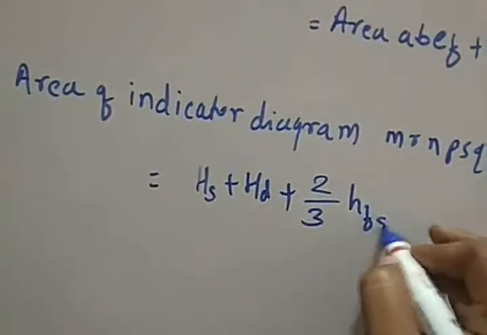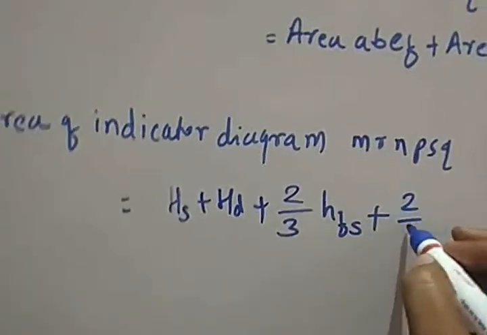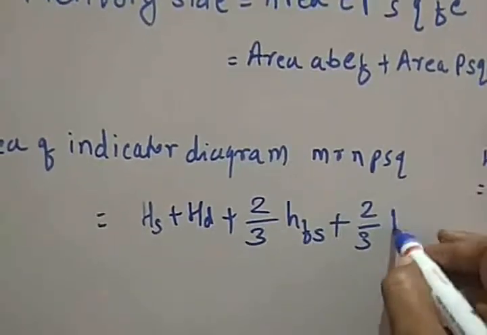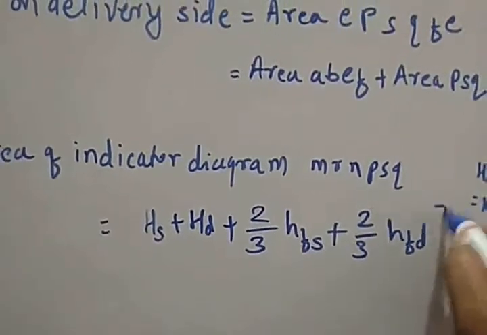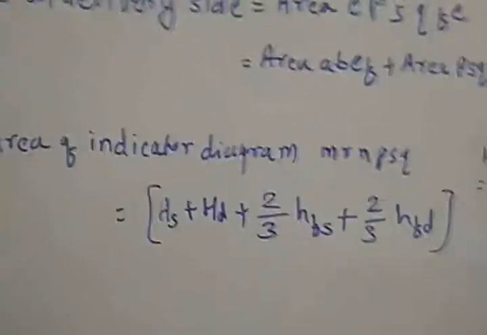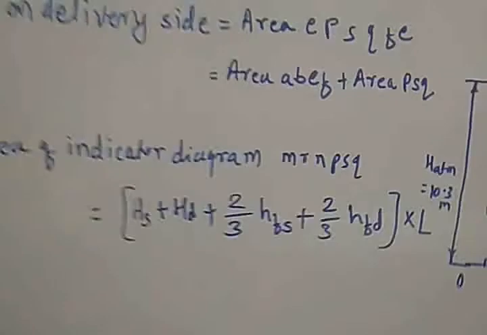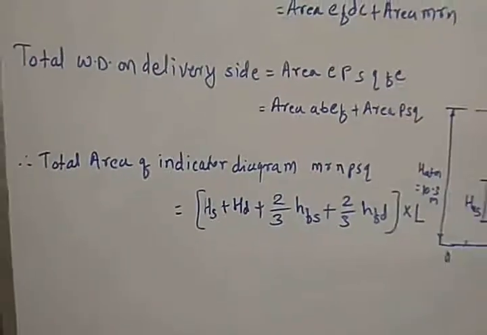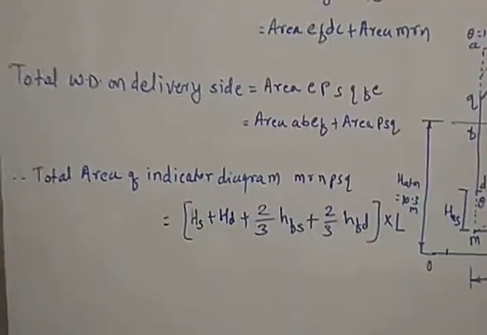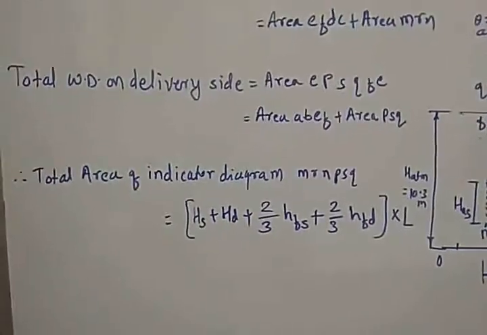So 2/3 of HFS, and similarly 2/3 of HFD. This is the total height, into the stroke length L. This will give me the total area of the indicator diagram MRN PSQ.